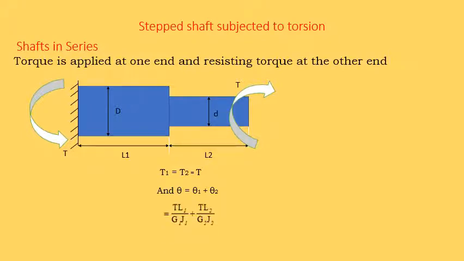Theta can be written as TL by GJ. Therefore, from the equation we can write theta as TL1 divided by G1 J1 plus TL2 divided by G2 J2. So these are the two conditions we have to remember for shafts in series.